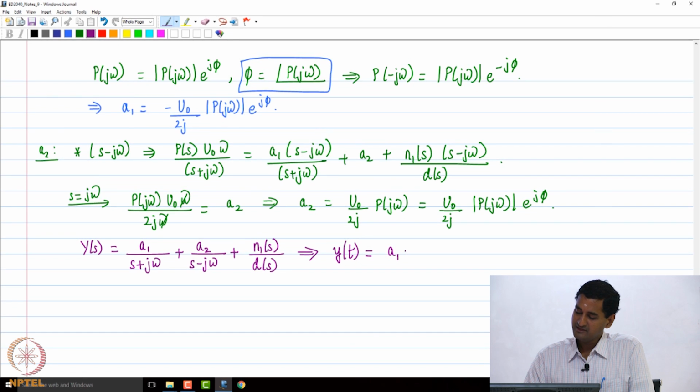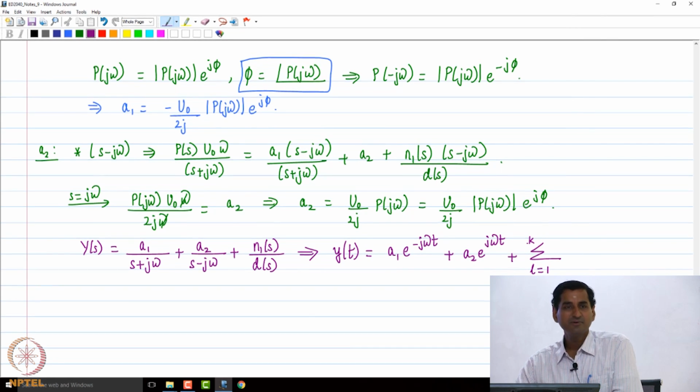For the first term I will get A1 e power minus j omega t, and then for the second term A2 e power j omega t. And what is going to happen to the next term? Essentially, let there be k distinct poles. This is something we have already done for an nth order system.